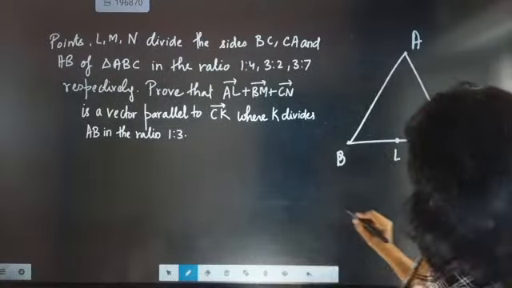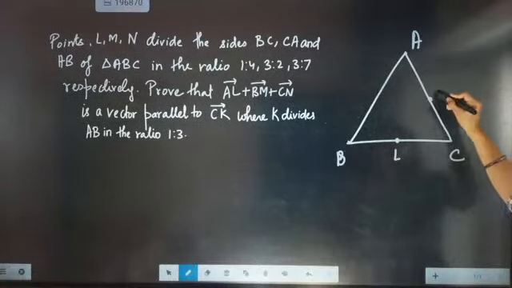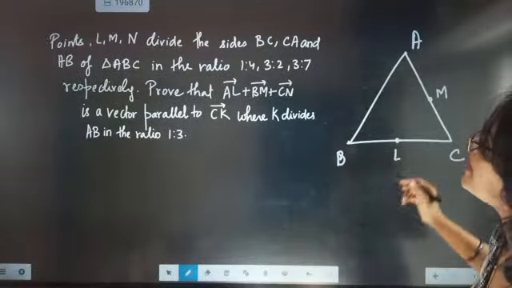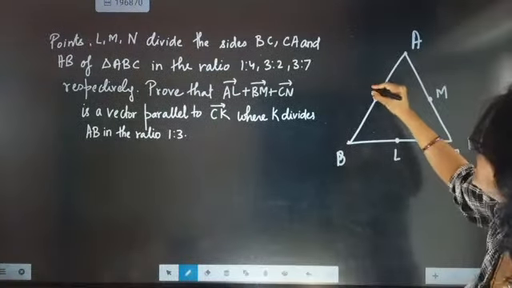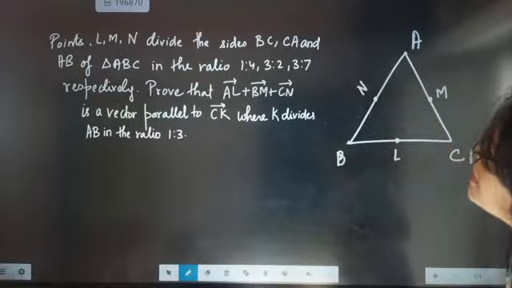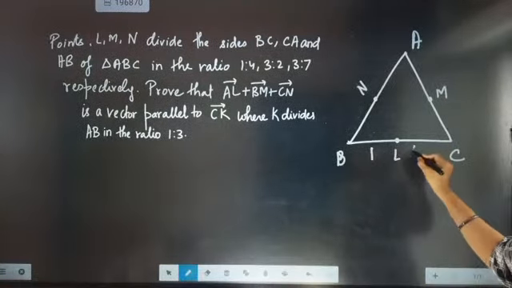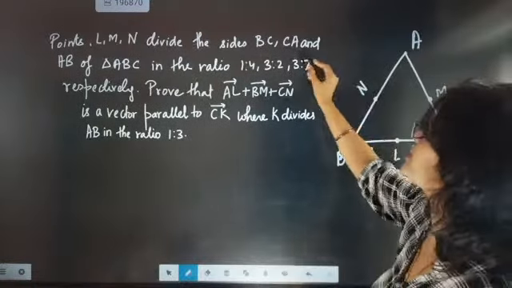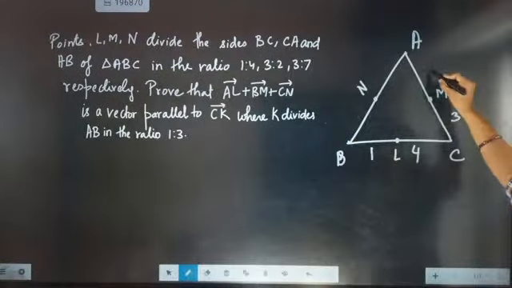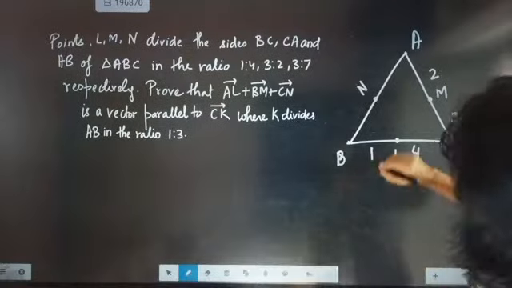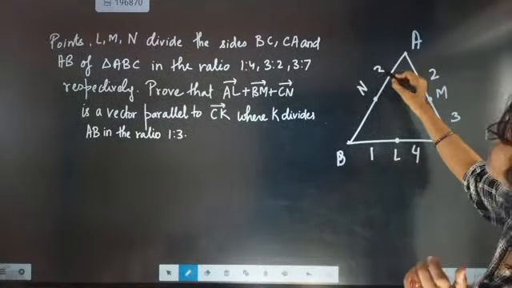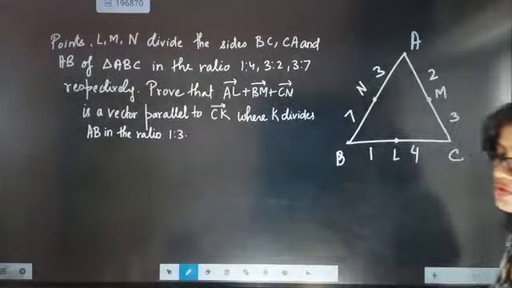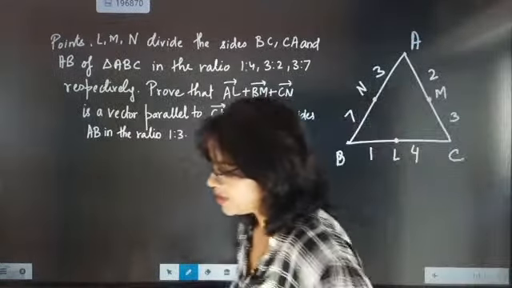M is dividing the side CA and N is dividing the side AB in the ratios 1:4, then 3:2 for CA, and then AB is 3 is to 7. So like this the division is there. I want you all to prove this part nicely.